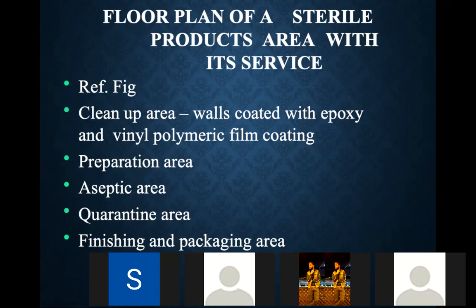According to that, they must have a quarantine area. If it is cleared that the drug is according to the analysis report, then it goes to the finishing and packaging area. So you have the cleanup area, preparation area, aseptic area, quarantine area, and finishing and packaging area. Is it clear?